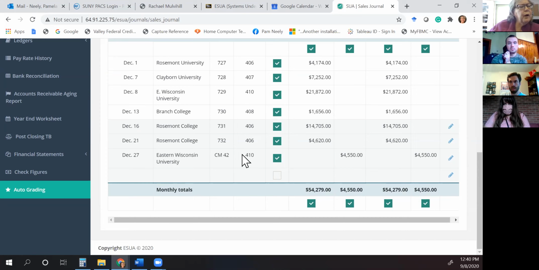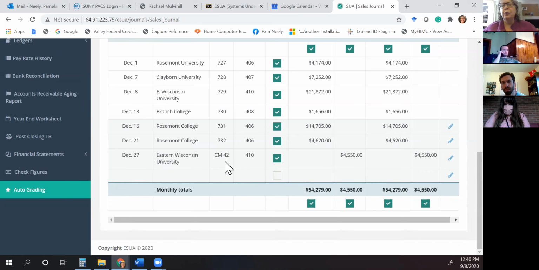Oh, their invoice is 410. This first column is for either the invoice number or the credit memo number. And their account number is right here. Oh, I put the actual invoice number, like this invoice number 729, not the credit memo.